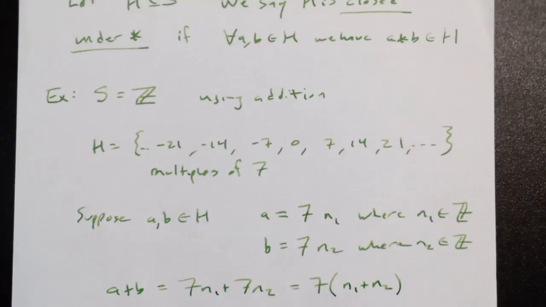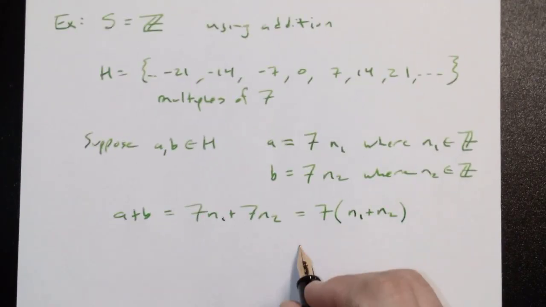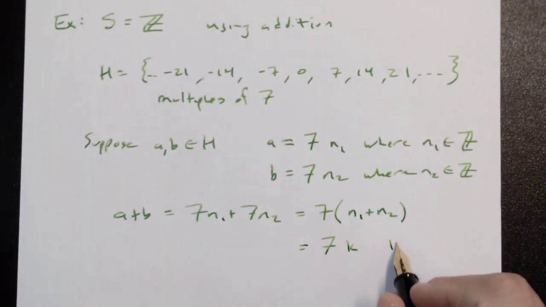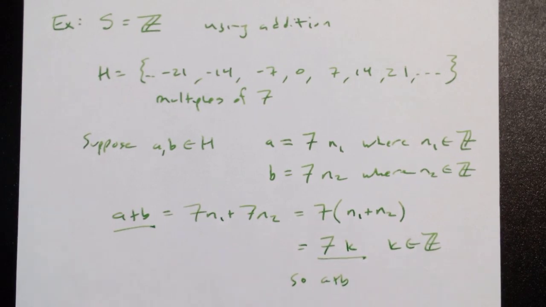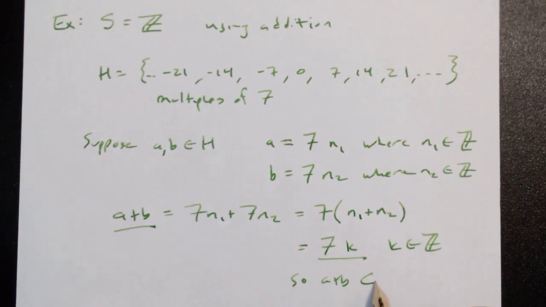And what happens when you add two integers? It's still an integer. So A plus B is a multiple of 7, which means it's part of my set.